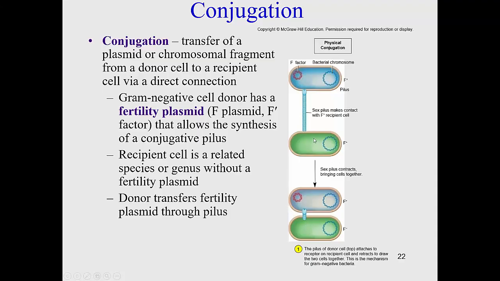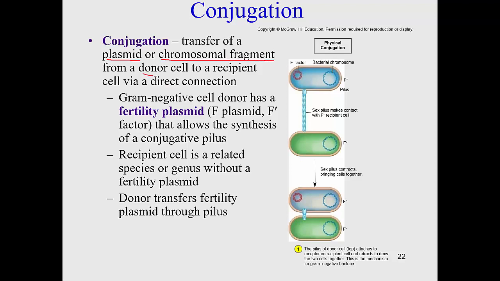First, gene transfer. This is known as conjugation. We have talked about this several times already, and you know that this involves a pili. So it's transfer of either a plasmid or a small fragment of the actual chromosome.